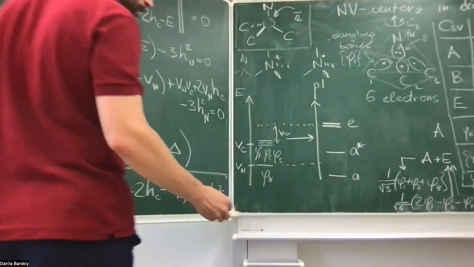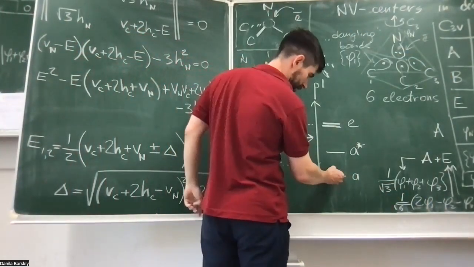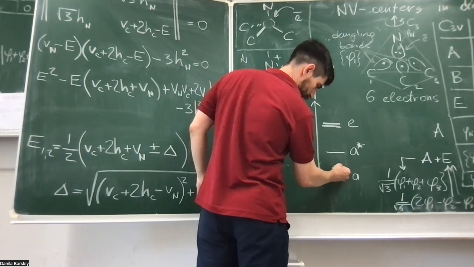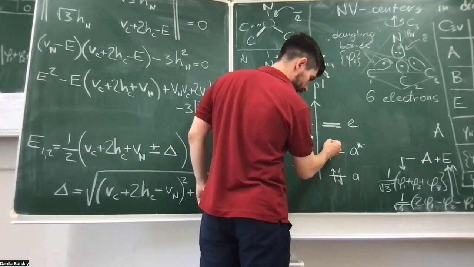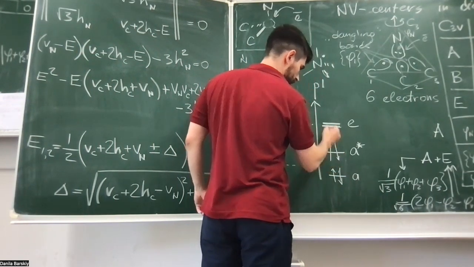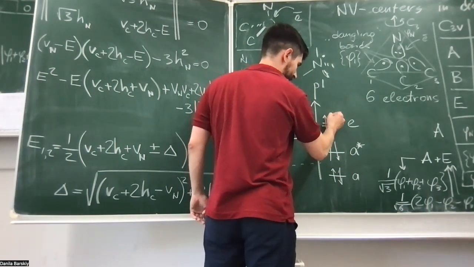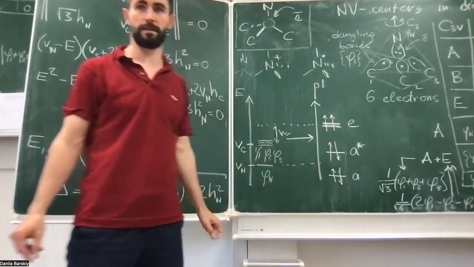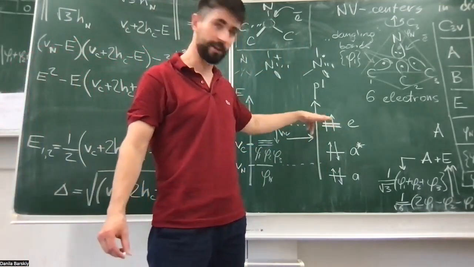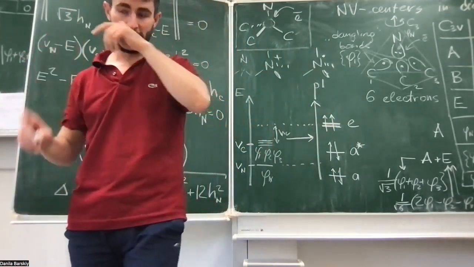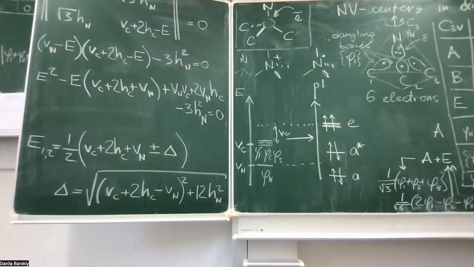Some of them will pair up, some of them not. So we have 6 electrons, right? We discussed. So we put these two here, two here. And now 1, 2, 3, 4, 5, 6. You see, they're unpaired because they're occupying degenerate orbitals, and by Hund's rule, the lower energy is triplet.